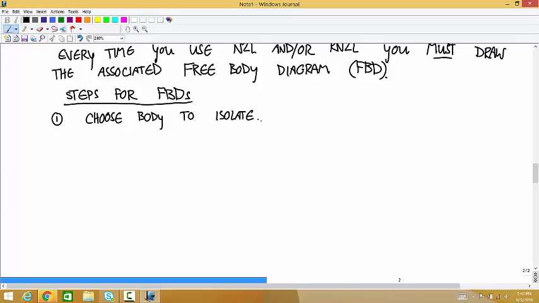What makes a body acceptable for isolating for Newton's laws? You have to be able to fully isolate it from its surroundings. I mean, not physically, but you have to be able to imagine a closed, like, shrink wrap separating what you're isolating from the rest of the world around it.